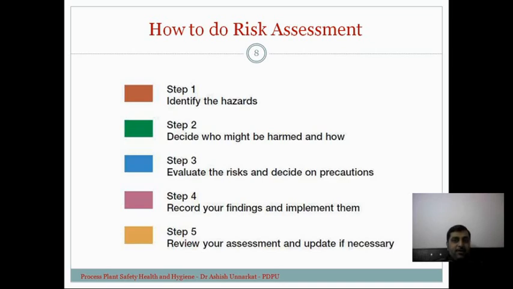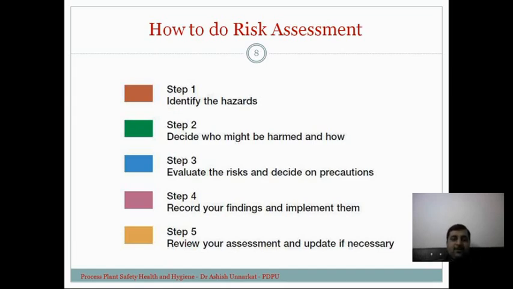So this is going a step ahead to find out the reasons behind the hazards. And then we have to evaluate or rate those hazards, evaluate our risk and decide on the precautions.